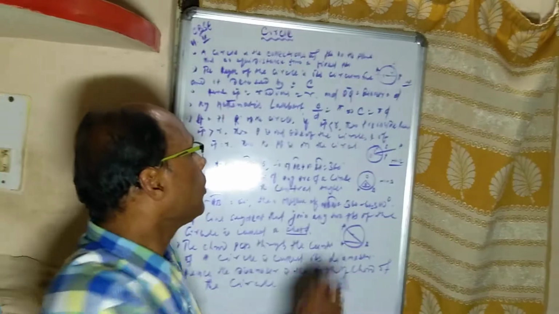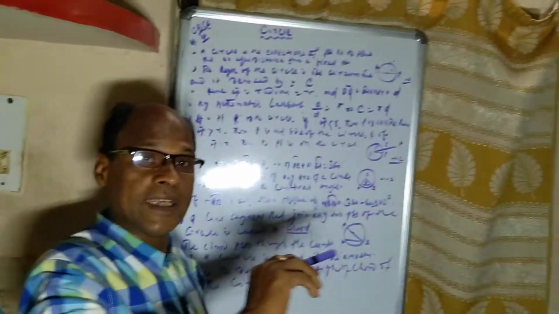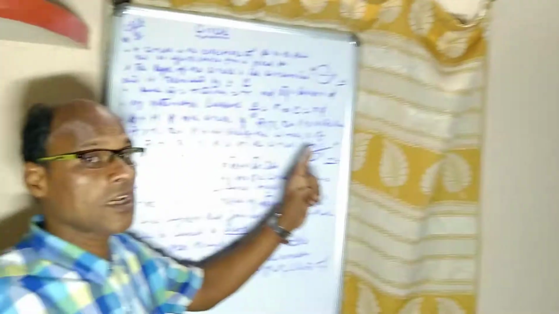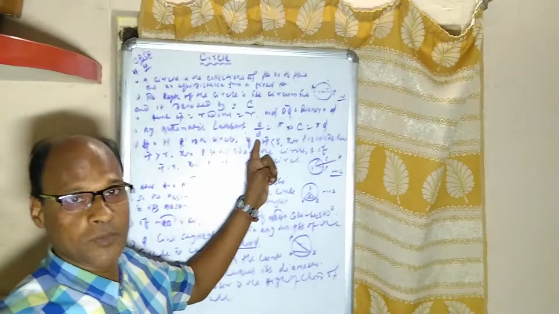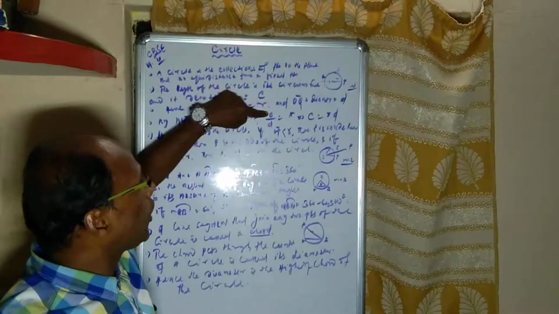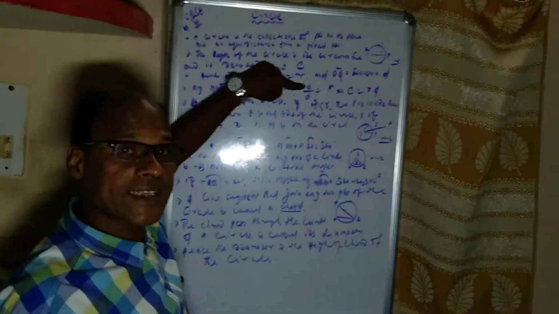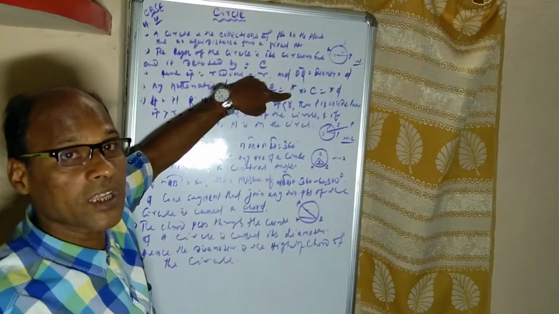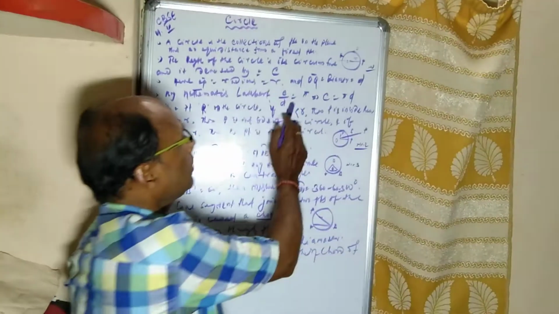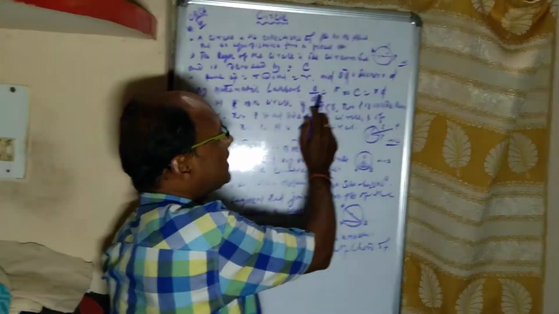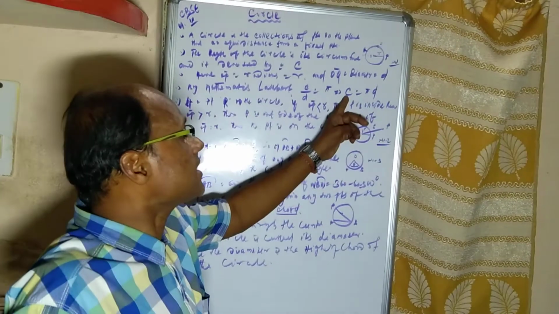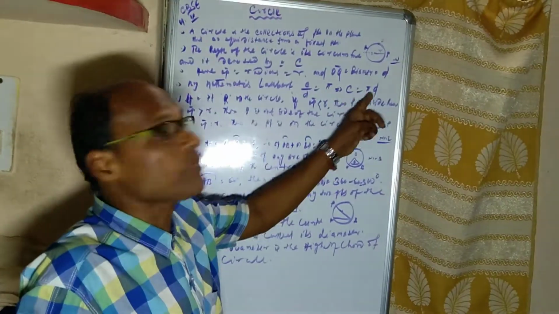The ratio of the circumference of any circle and its diameter is equal to pi. So, C by D is equal to pi, or C is equal to pi D, which is also 2 pi r.